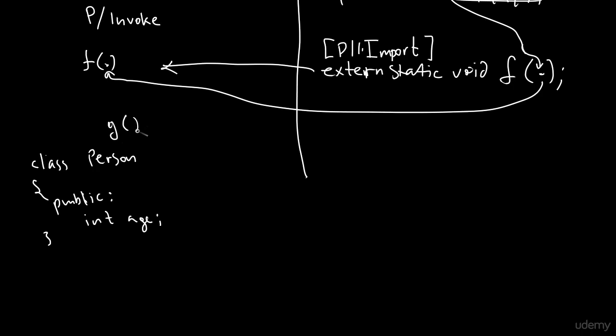So you have a function g which returns a person, and you want to pass it here. Unfortunately, you cannot do it directly. You cannot simply make a class here which would replicate this class and have binary compatibility one with the other.